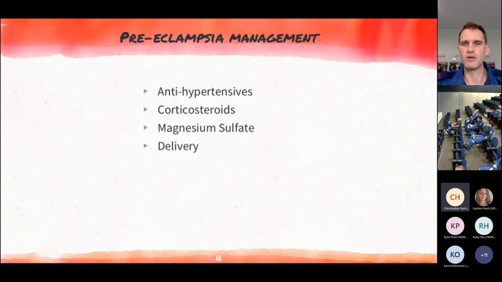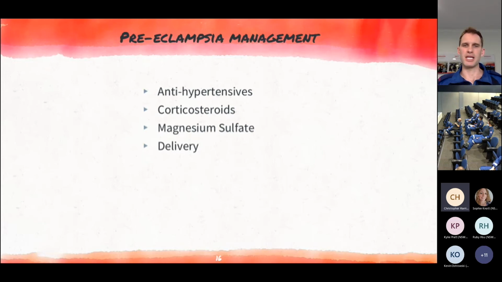So magnesium sulfate's definitely indicated in severe hypertension, and usually used at more moderate levels of hypertension as well. It's definitely indicated where there are signs of imminent eclampsia, so things like severe persistent headache, hyperreflexia, and visual changes.